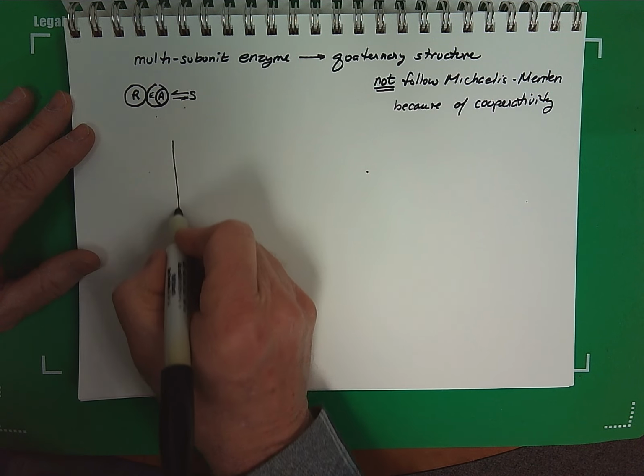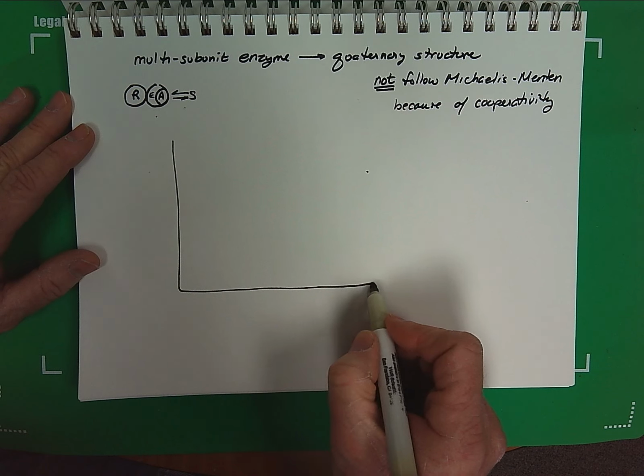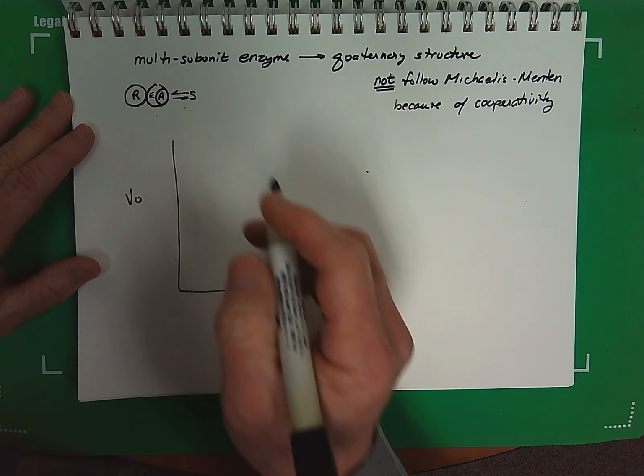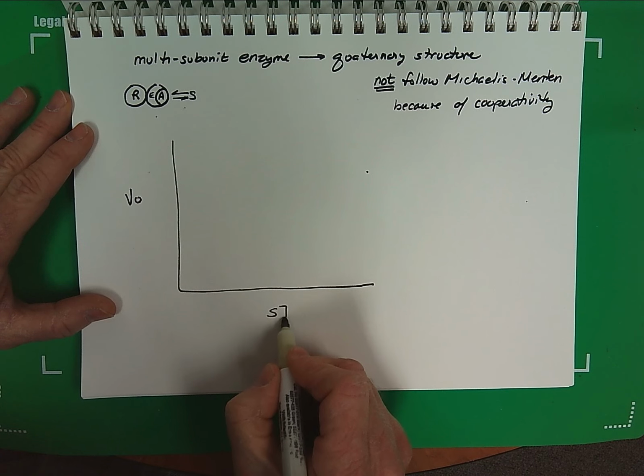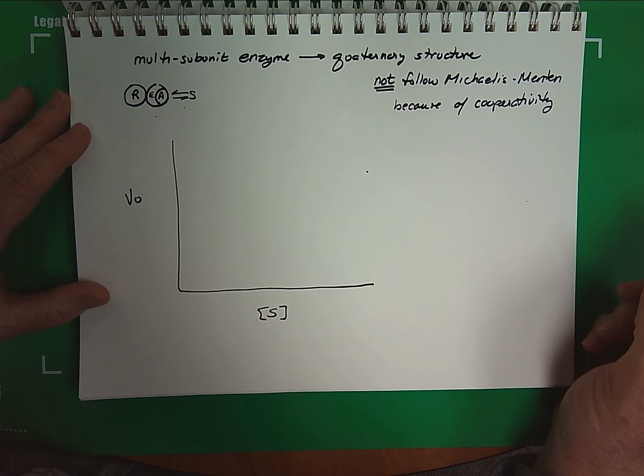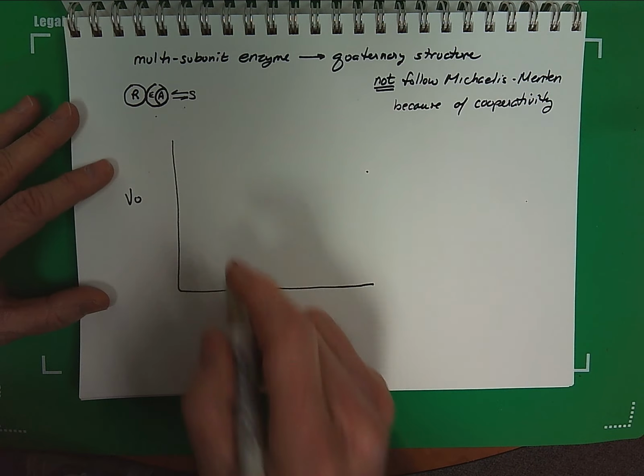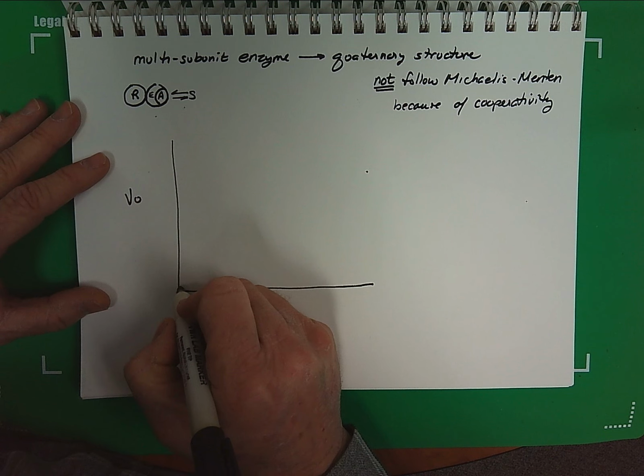So the way these graphs tend to look, we can still graph our equation of velocity versus substrate concentration, but this graph will look sigmoidal.